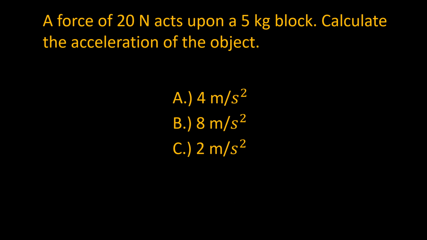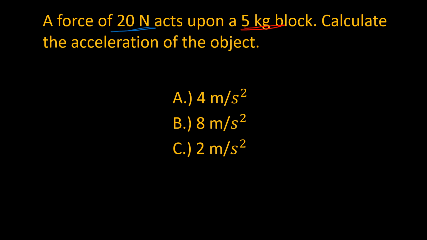So let's first identify our variables. A force of 20 newtons. Well, that's obviously a force. And a 5 kilogram block. Kilograms, that's our mass. So they already gave us our force and our mass.